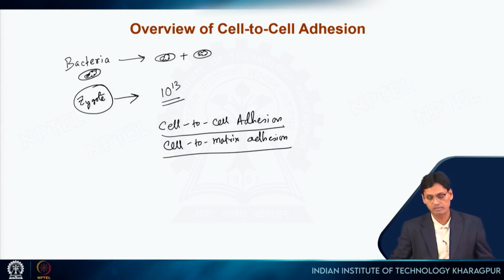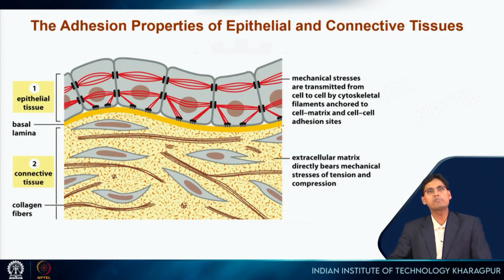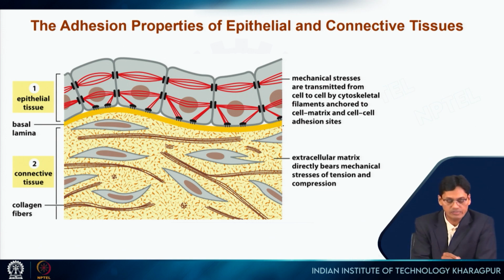Let's see the adhesion properties of epithelial and connective tissues. In our last lecture we discussed intestinal epithelial cells, for example. If you see any epithelial cell layer, these are epithelial cells, and those epithelial cells are attached to each other.